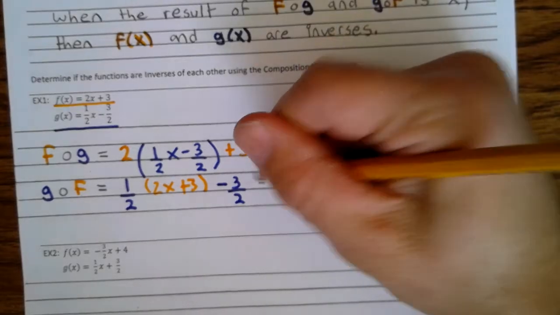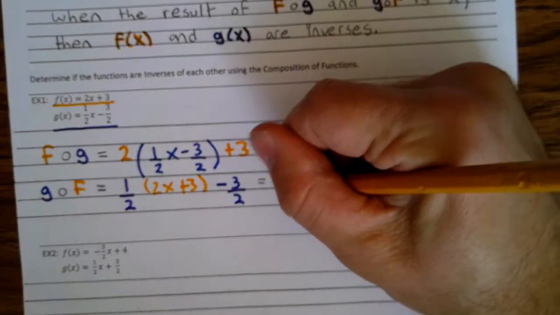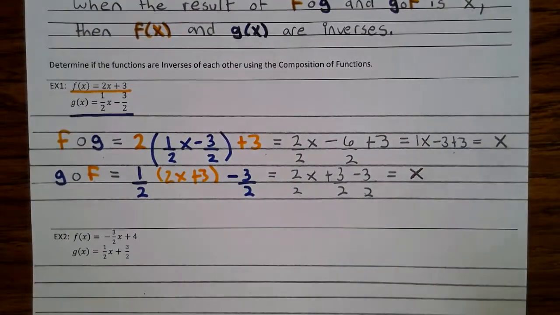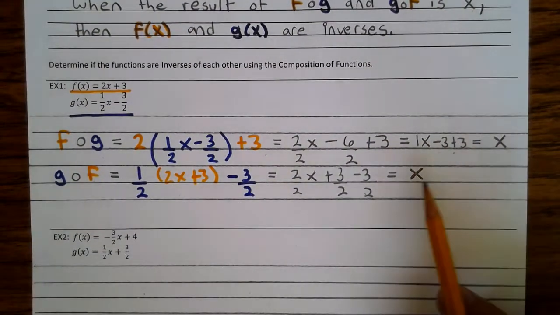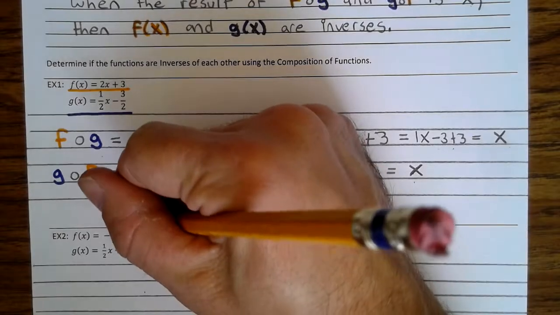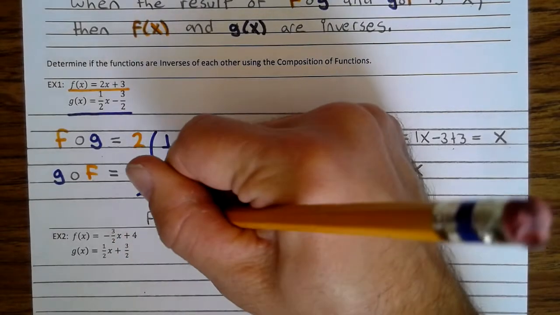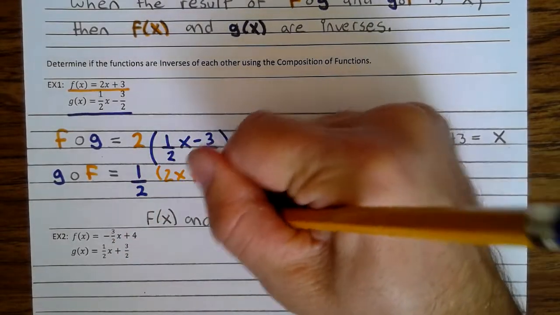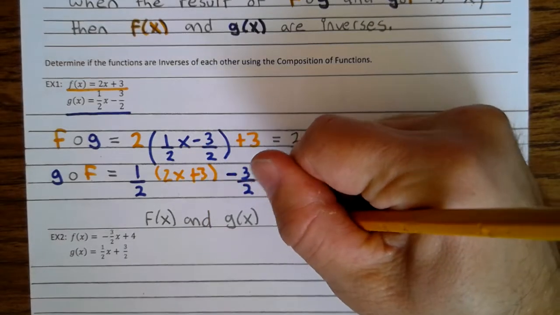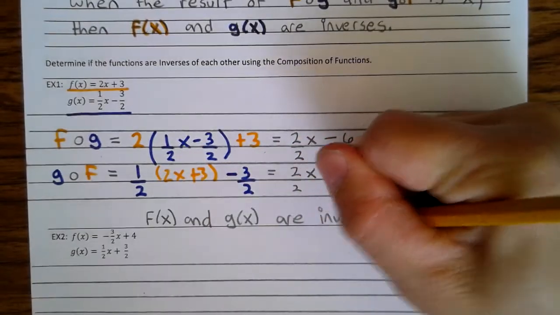And now let's simplify. So 1/2 times 2 is 2 divided by 2x. 1/2 times 3 is plus 3 divided by 2 minus 3 divided by 2. These cancel. 2 divided by 2 is 1, so you're left with x. Since f of g is x, g of f is x, we can say that f of x and g of x are inverses.